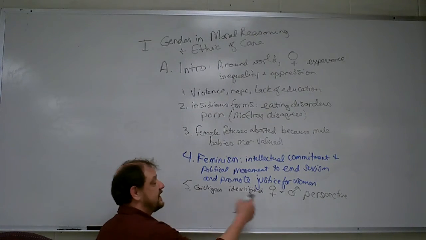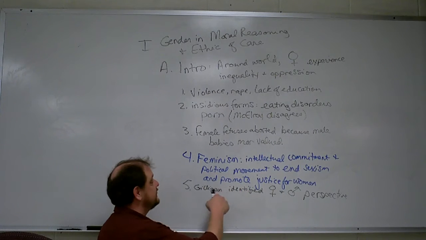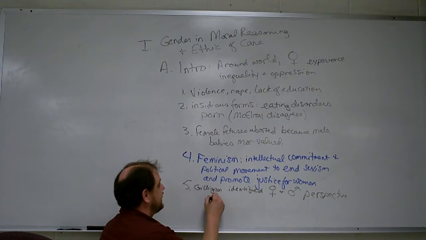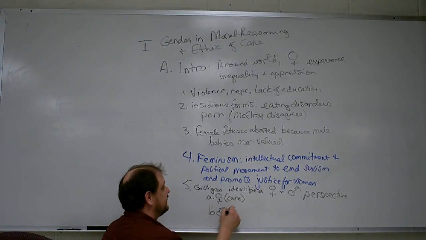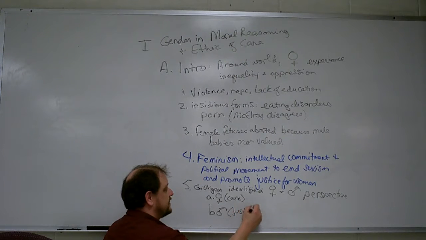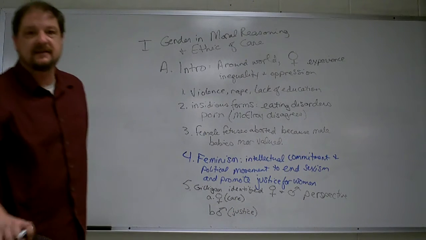I am going to indent because this is about the female and male perspectives, so I'm going to indent to show that this relates to this idea. The female perspective is the care perspective, whereas the male perspective is the justice perspective. Hope you guys can see that.